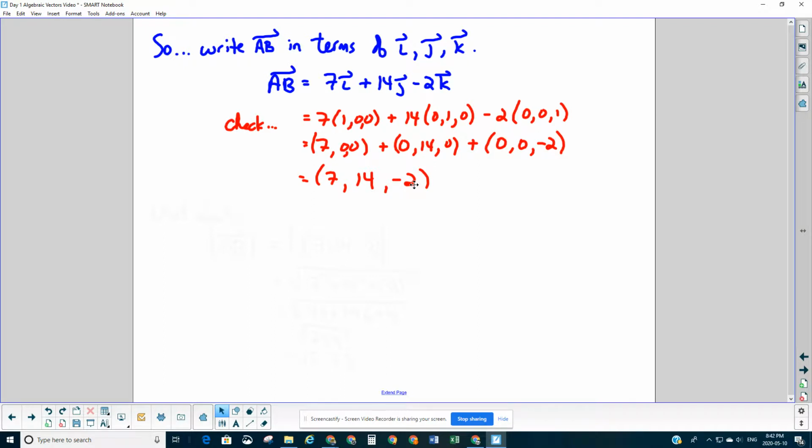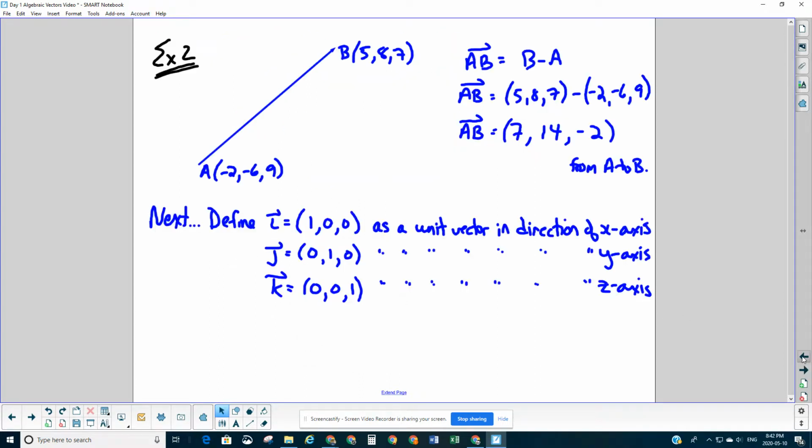Now here's the beauty of algebraic vectors. I can calculate the magnitude of this vector, and I don't have to go off and try and picture it. I don't need the cosine law and the sine law. Actually, if you were trying to solve this, you would have to solve 2 different triangles using the sine law or cosine law or Pythagoras. But guess what? We don't need to do that.